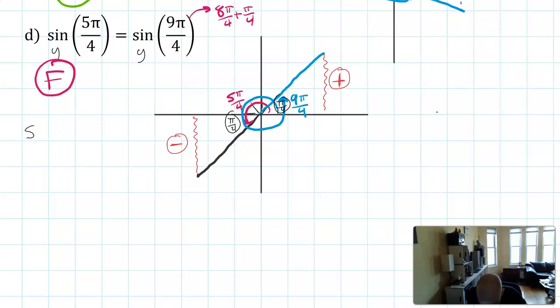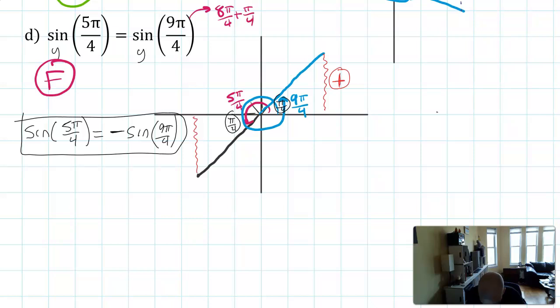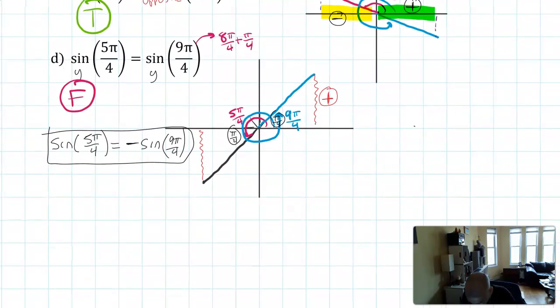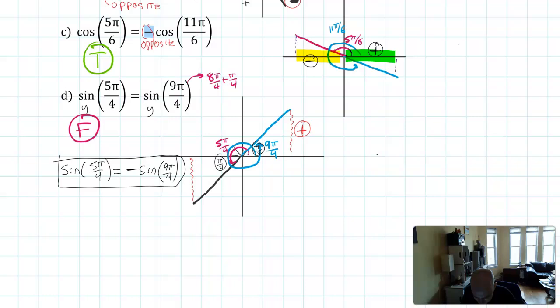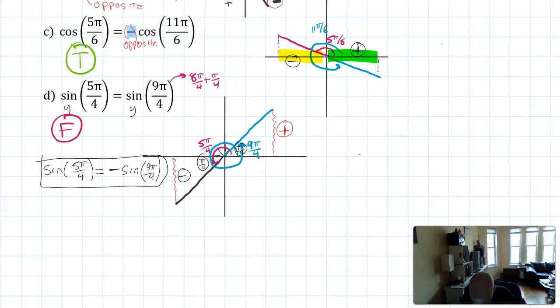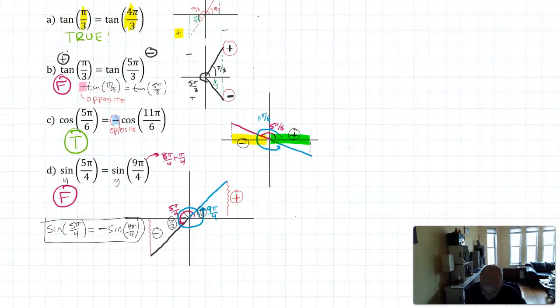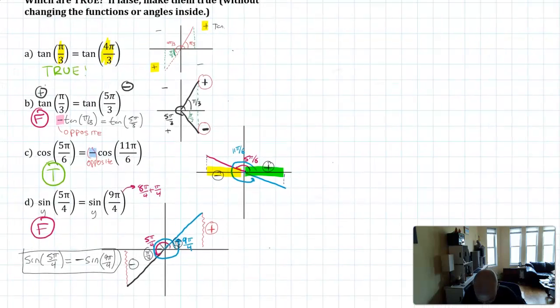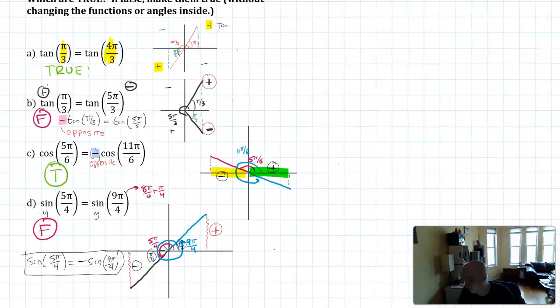We could just write that the sine of 5 pi over 4 is the opposite of the sine of 9 pi over 4. And that would be our corrected statement here. And again, basically this explanation is the drawing. Here's all those all together if you need to get any of them down. So it was true, false, and we fixed two equations to be correct.